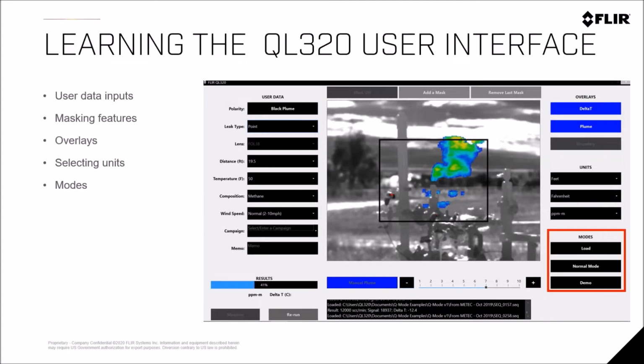We have multiple studies that have been done, and we have done one internally, which I'll talk about probably tomorrow, on what's defined as aggregate data. In other words, as you use the QL320 and average a lot of data over time, the more accurate this technology gets.